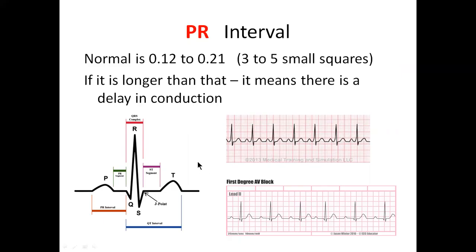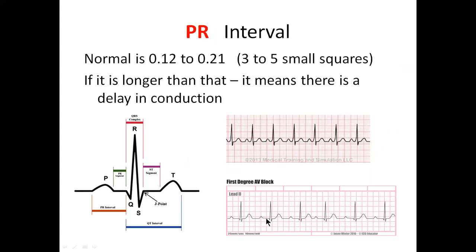The next thing we'll be looking at is the PR interval. And on that, what will happen is it will get longer. So the magic number to remember is 0.12 to 0.21 or 3 to 5 small squares. So on this example, you will see the P starts here, right?